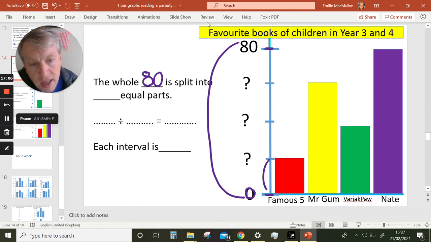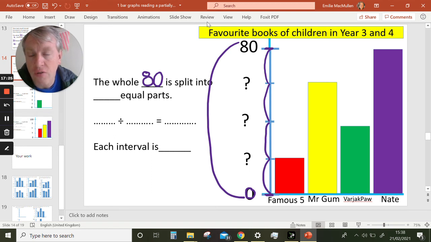Well, let's say each of them the same. 1, 2, 3. Okay. 4 equal jumps. 4 equal parts.